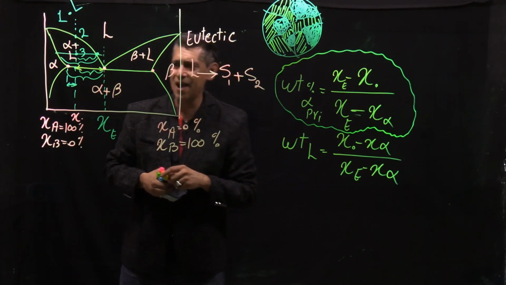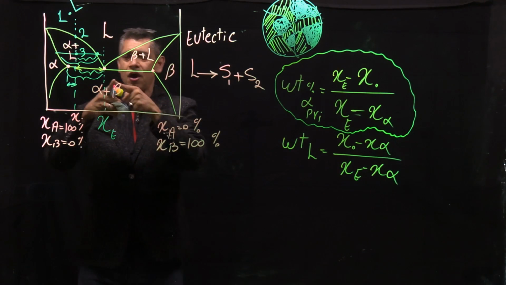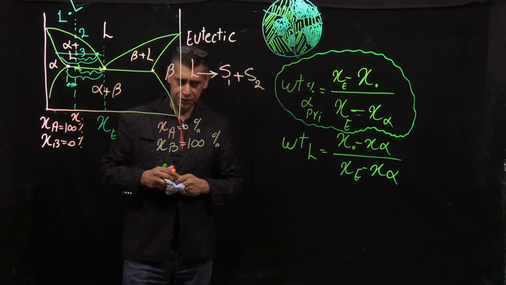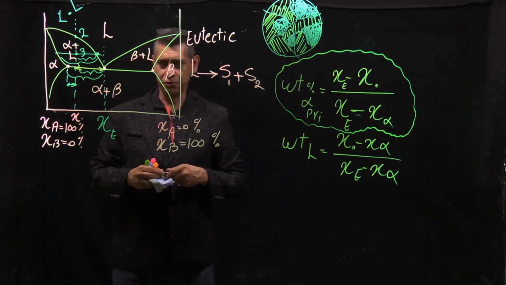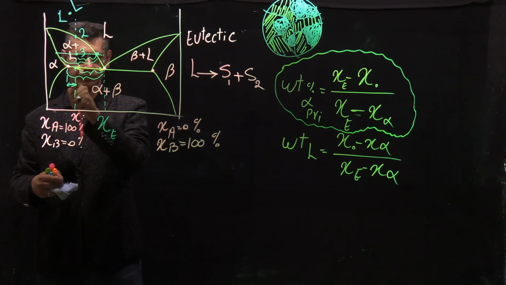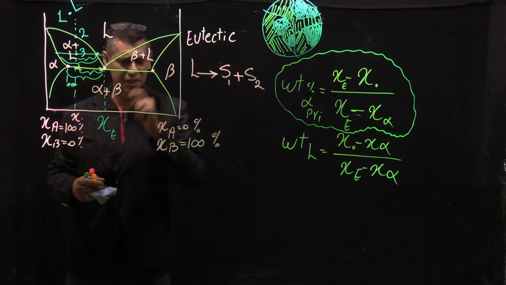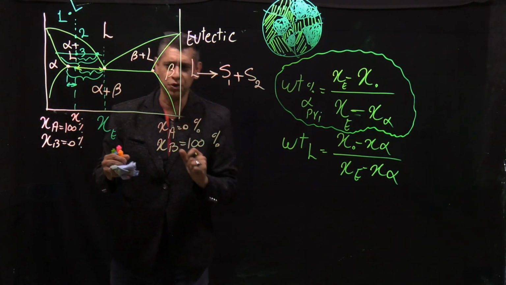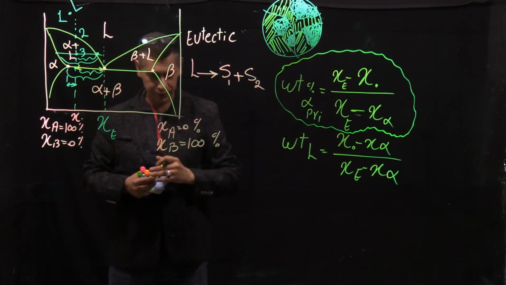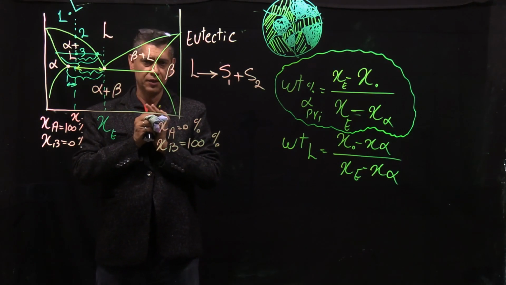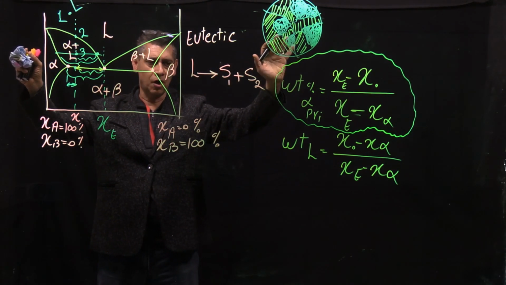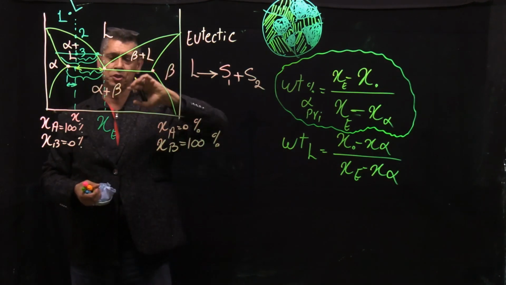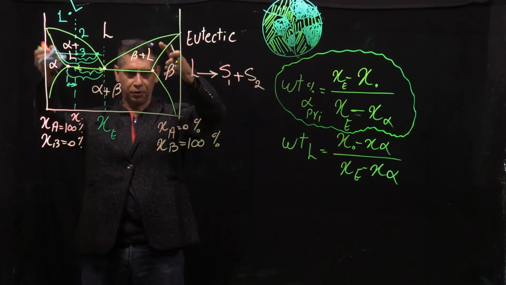In that case, I have to write the inverse lever law at the eutectoid tie line. And at eutectoid, I have 3 points. This point, and this point. So no matter how much liquid I have, the liquid always goes to these two forms of solids, alpha and beta, with the exact same composition, because this depends on this particular case.